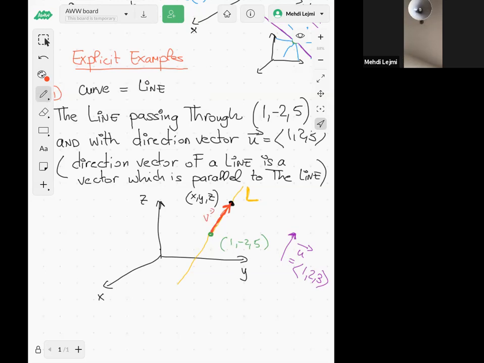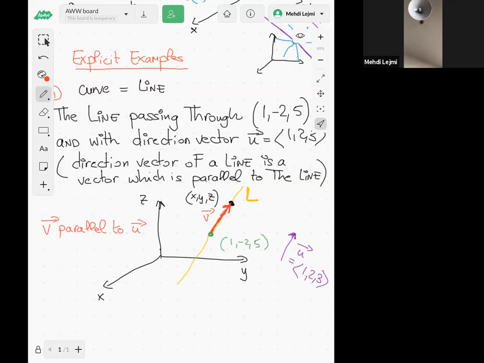This vector v is supposed to be parallel to the vector u, because v lies on, it's parallel to the line L, so it's also parallel to the vector u.